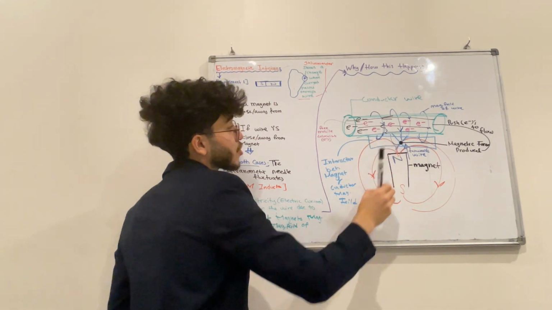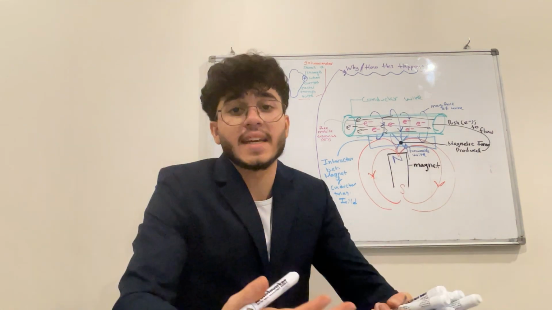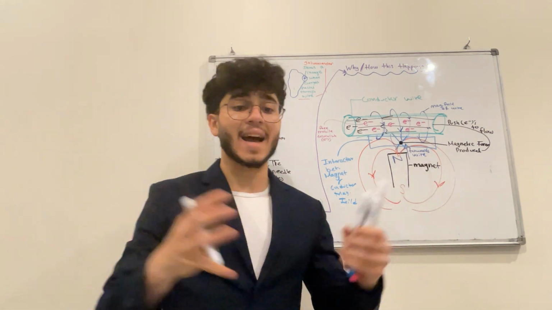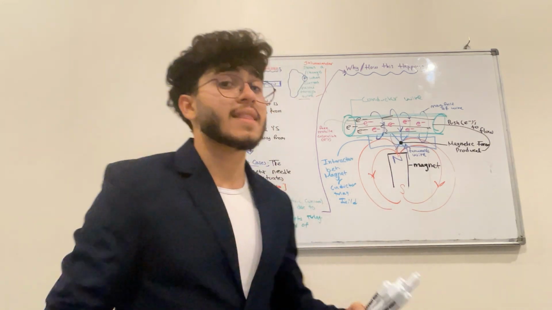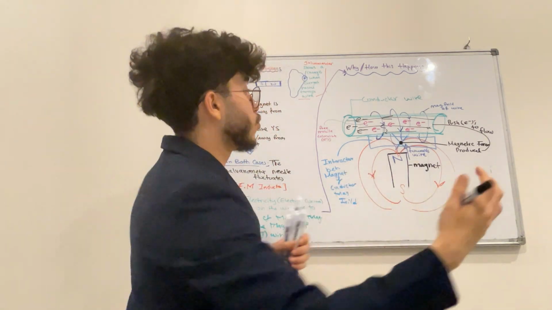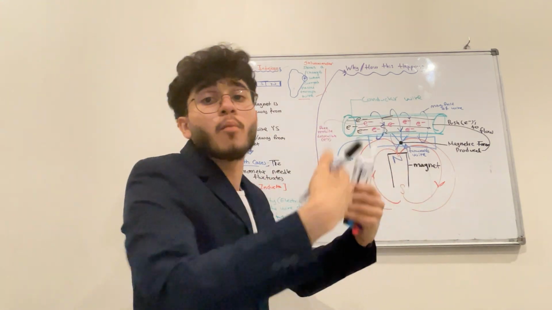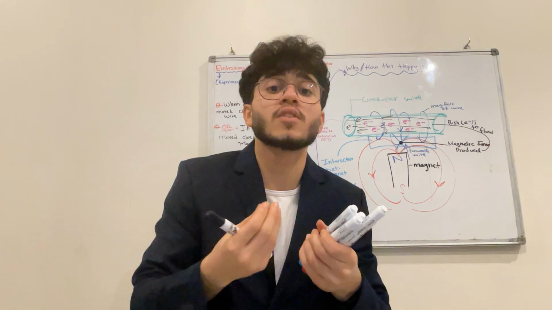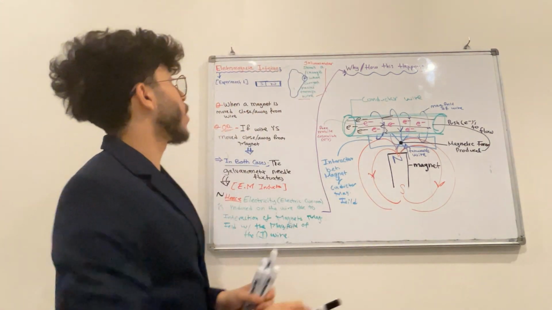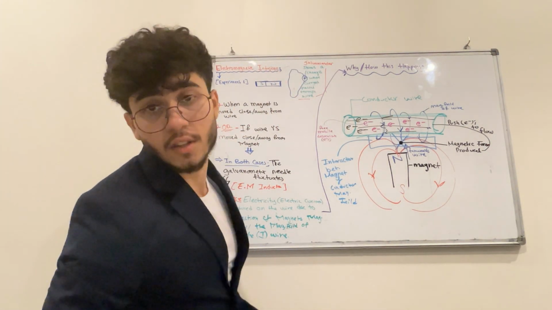Due to this interaction, a magnetic force is created, because two magnetic fields, when they interact, create a magnetic force. This magnetic force is so strong, it will push the electrons to flow more, and this flow of electrons creates electricity, inducing or creating a current. And this is why there was a reading on the galvanometer.